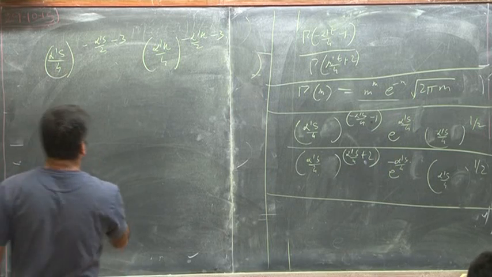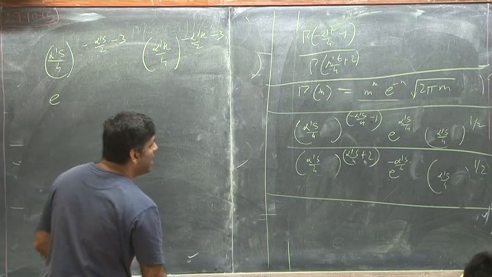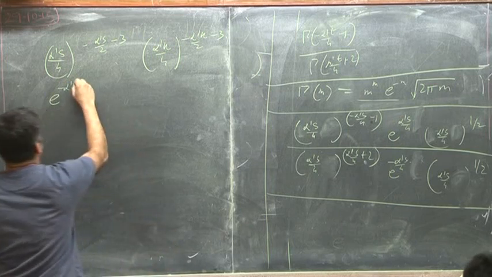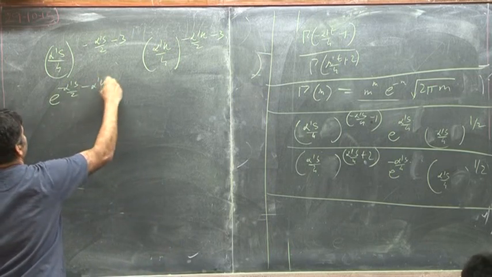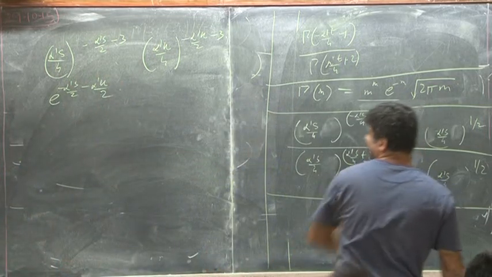Okay, and then we will get times e to the power minus alpha prime s by 2 minus alpha prime u by 2. Thank you.